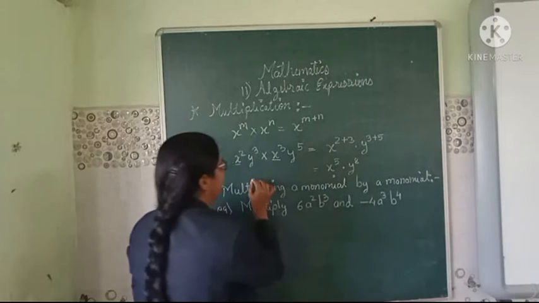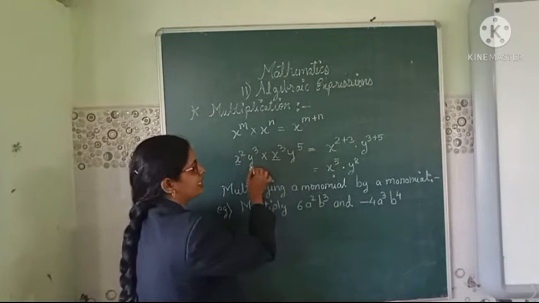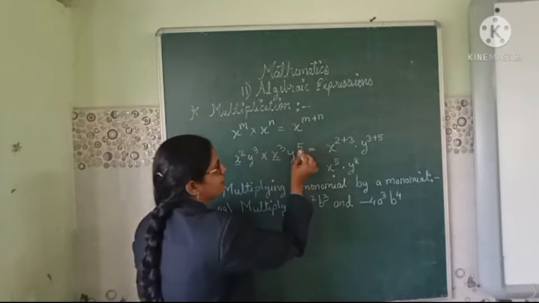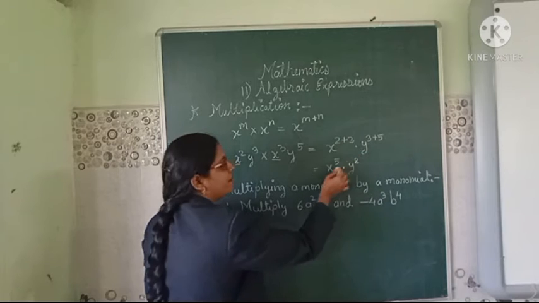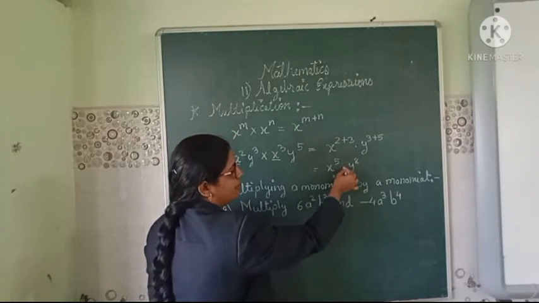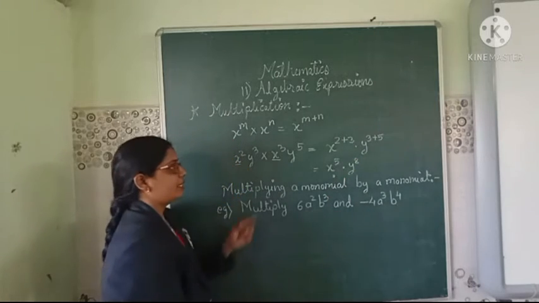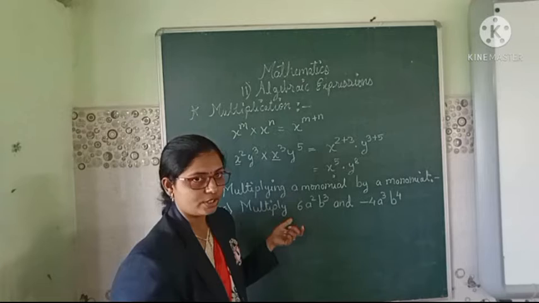In the same way, y raised to 3 and y raised to 5, so 3 plus 5, y raised to 3 plus 5. After adding, we will get x raised to 5 and y raised to 8. In this way, we have to do the multiplication of algebraic expressions.